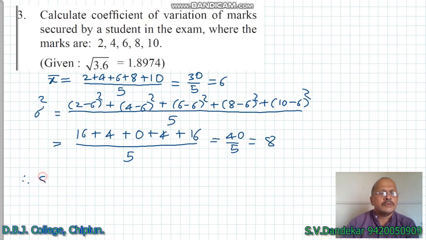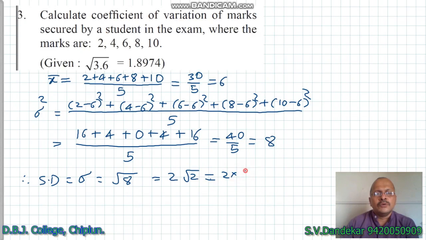Therefore standard deviation sigma is equal to square root of 8, equal to 2 root 2, equal to 2 into 1.41, equal to 2.82. Standard deviation we have found out.